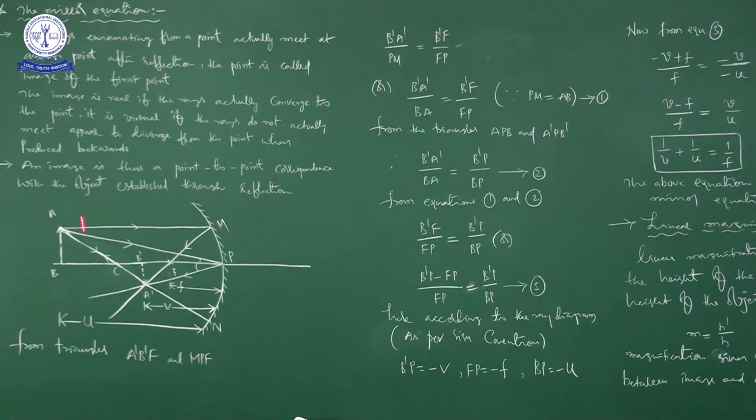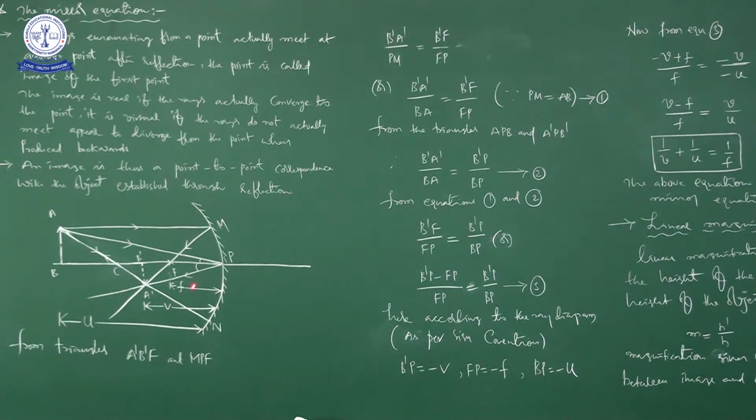Suppose you take an extended object. Observe carefully the light rays going from here. After completion of incidence, these three light rays are going to incident and then reflect, okay? So here is one and here is the other, right?